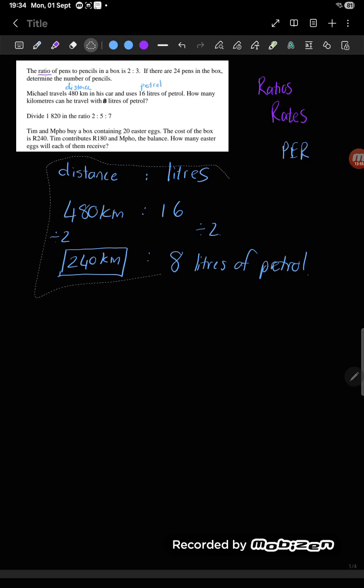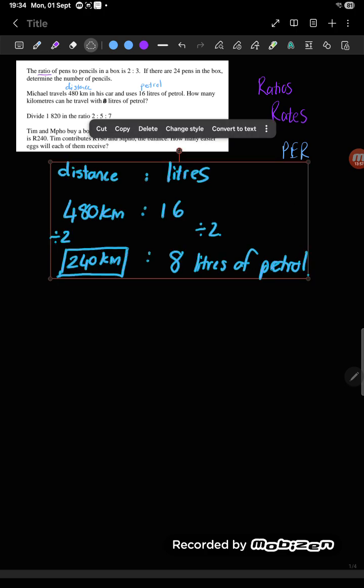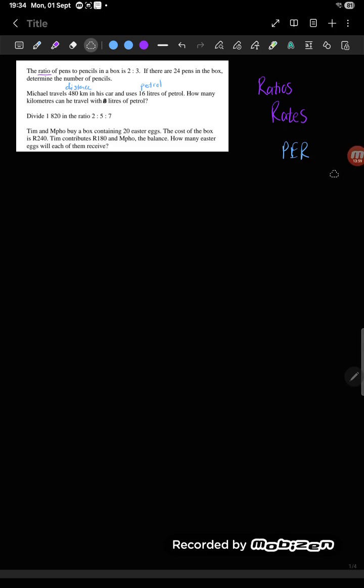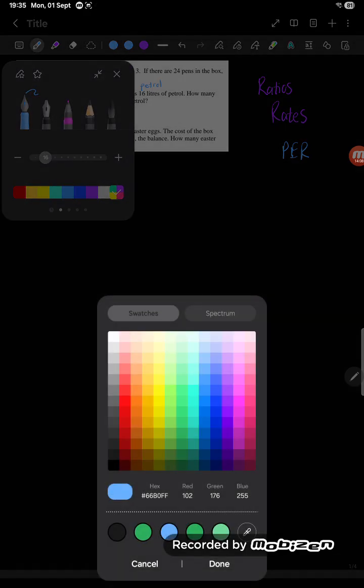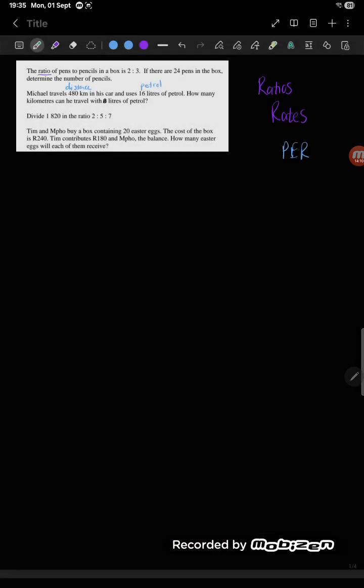Okay, so now we get to the interesting stuff. In my ratio of, what was it, for every 4 apples I have 5 oranges.